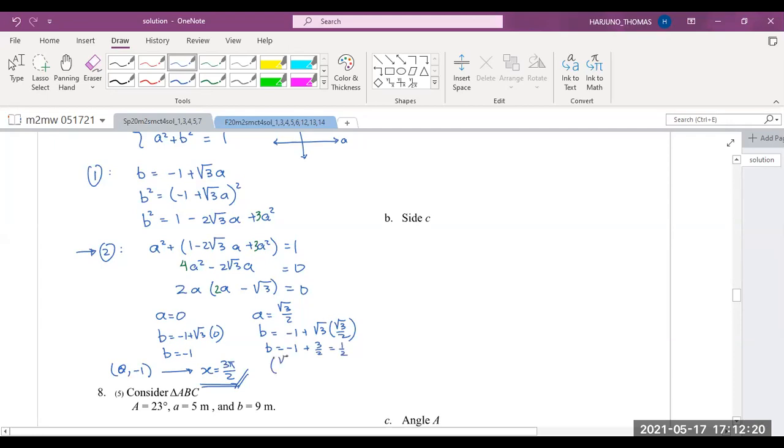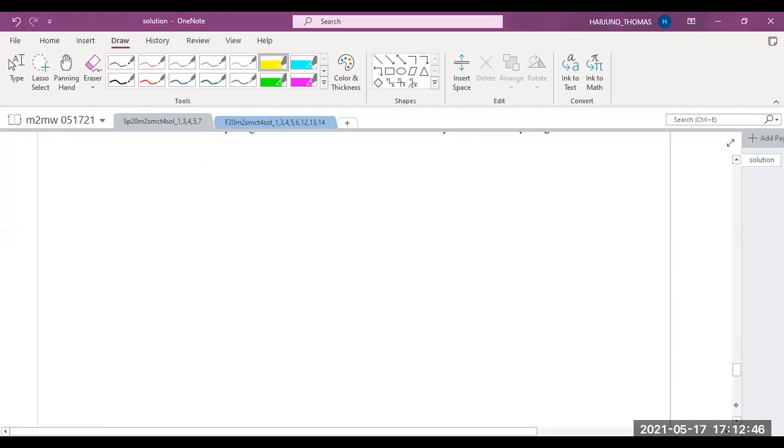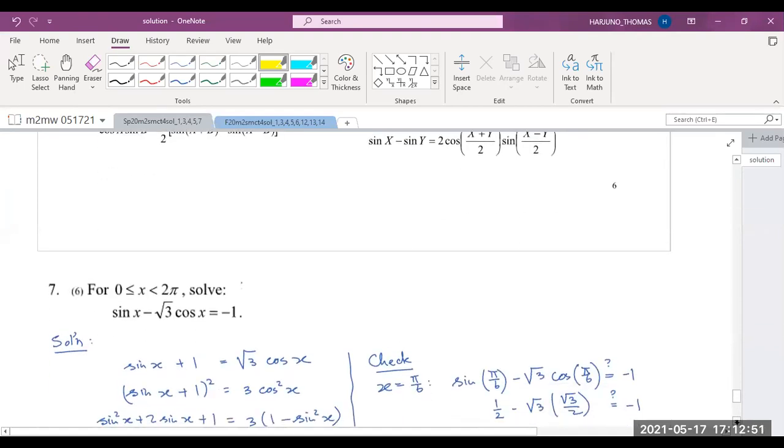The coordinate radical 3 over 2 comma 1/2 gives us the angle pi over 6. 30 degrees, right? 30 degrees gives us this coordinate on the unit circle. Now let me go back there. Yeah, good thing I did it the second way. But that's a silly mistake. I missed that.